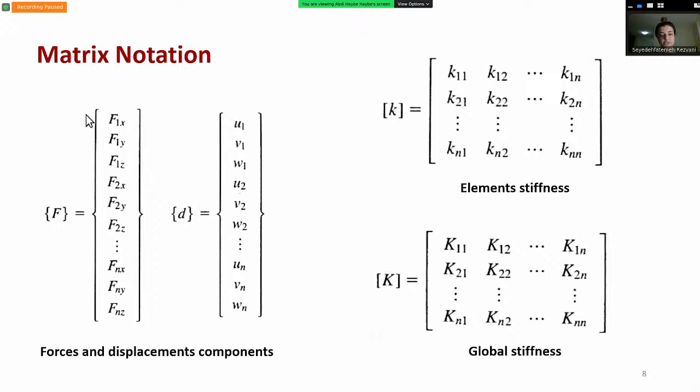An assistance in representing and resolving an algebraic equation system is a rectangular array of quantities organized in rows and columns known as a matrix.